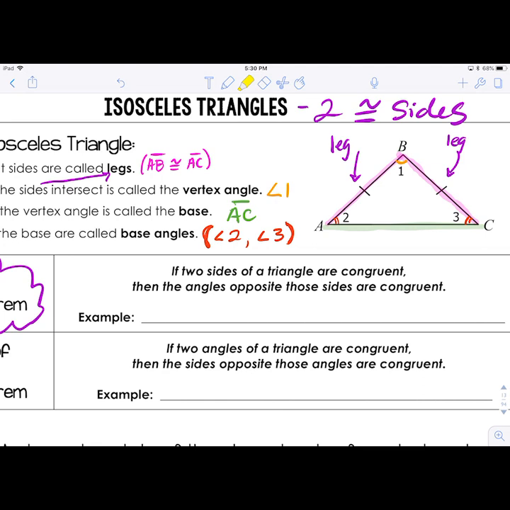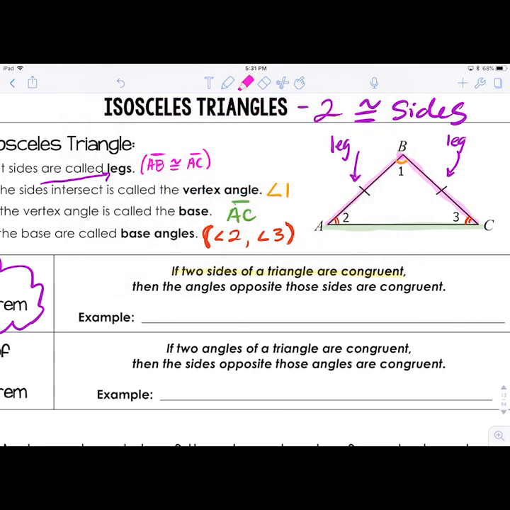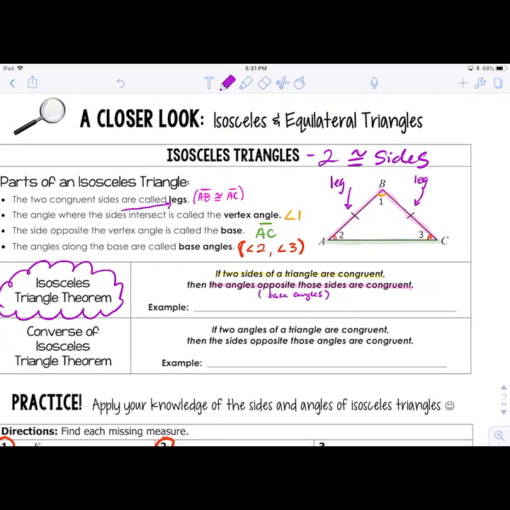If two sides of a triangle are congruent, then the angles opposite those sides are congruent. And what they're basically saying here is the angles opposite those sides, that's the base angles. Okay? That's the base angles.